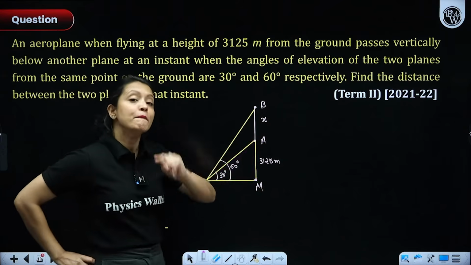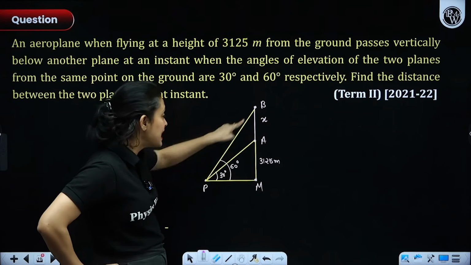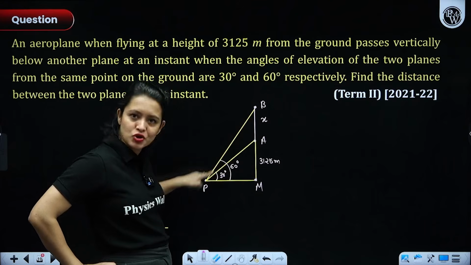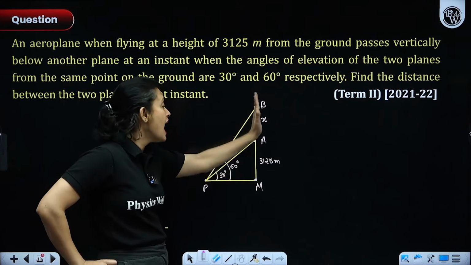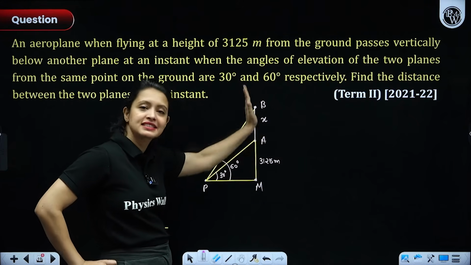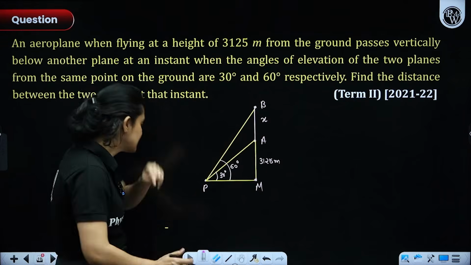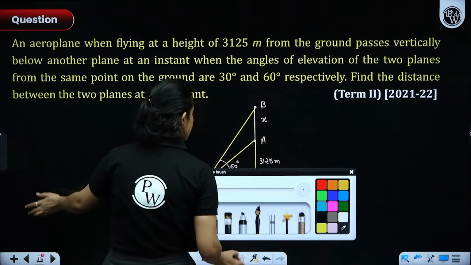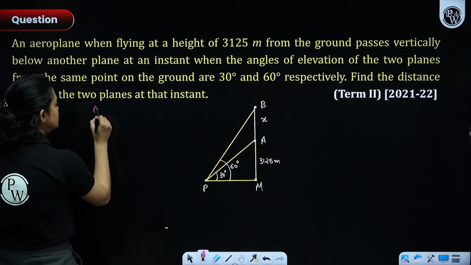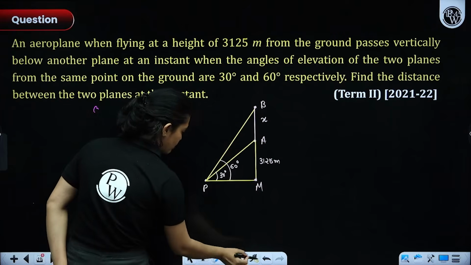Why MP? Because if I figure out MP, then I can take this big triangle where MP will be a side, and here I'll have 3125 plus x as another side. So I can figure out the value of x from there. Okay, this is how your brain should think. So chaliye, let's start by taking, I'll first write down now what we have taken.